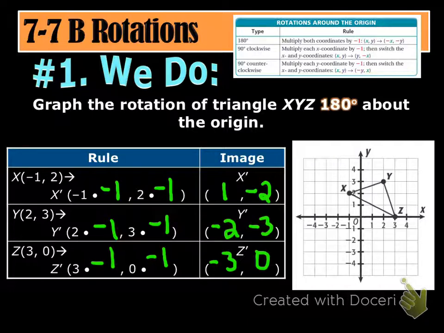You would have 1, -2, -2, -3, and -3, 0. And then if you connect those lines, you would get what the figure is going to look like rotated 180 degrees around. And in this case, around the origin.